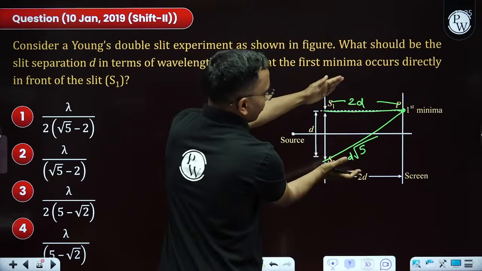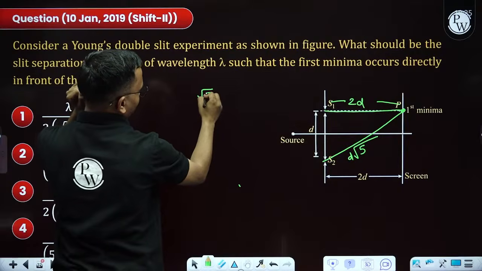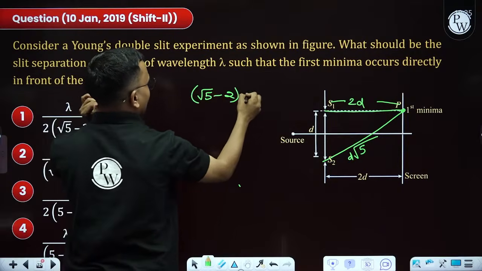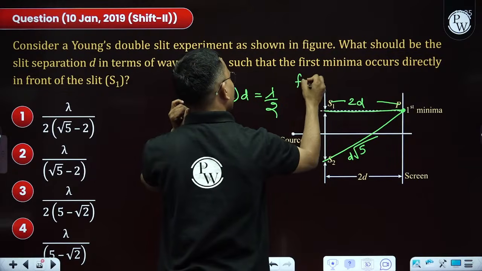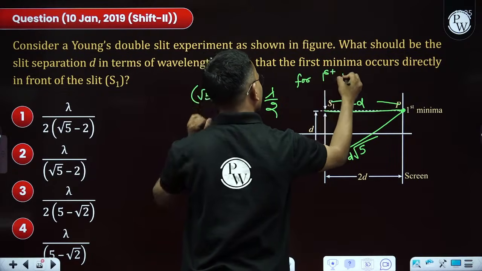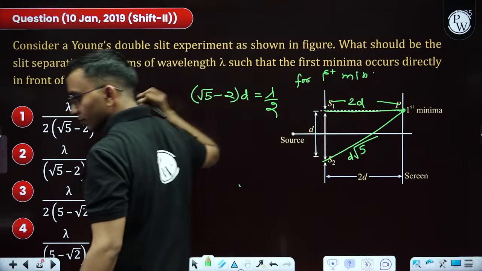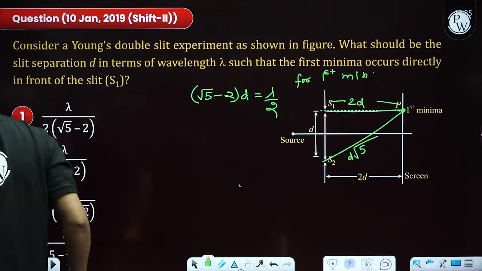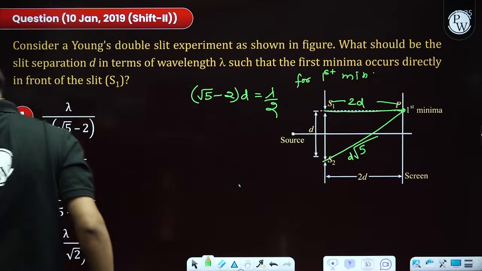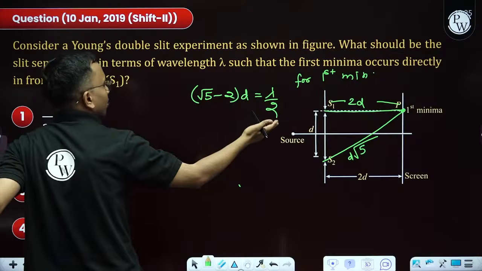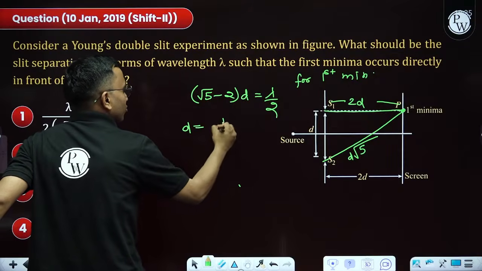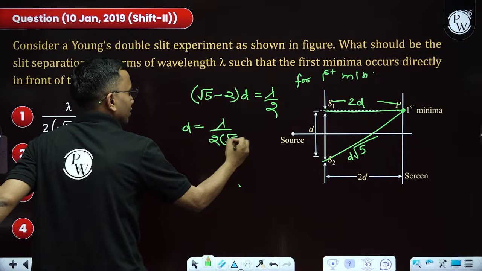The difference between the two path lengths, (root 5 minus 2) into d, has to be equal to lambda by 2 for first minima. Now from here we need d, that comes out to be lambda divided by 2 into (root 5 minus 2).